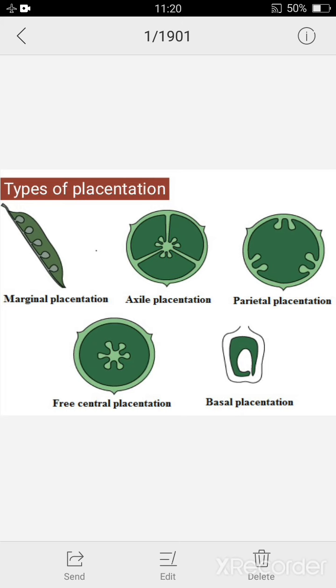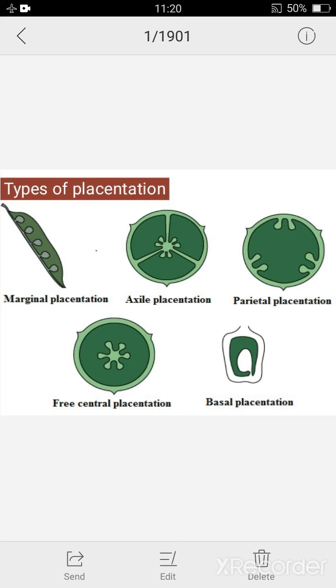Now moving to the second type of placentation, axial placentation. Students, in this type you will find a very interesting point. I suggest a small experiment for you. Today after listening to this class, take one tomato or lemon and cut it into two equal halves.